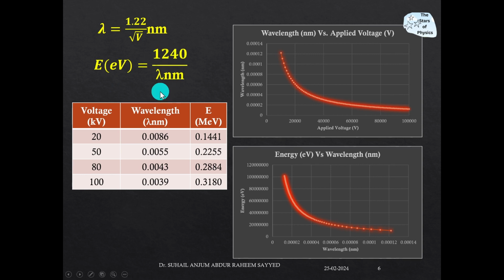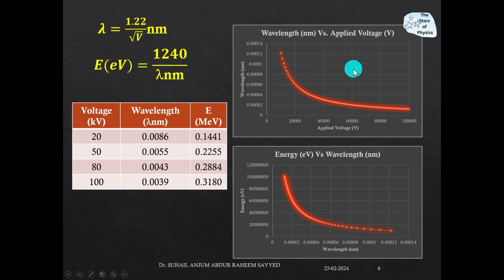That means 1240 divided by 0.0086, we will get this energy in mega electron volt. Similarly, for 50 kV we will get this wavelength and this energy, and for 80 and 100 also.